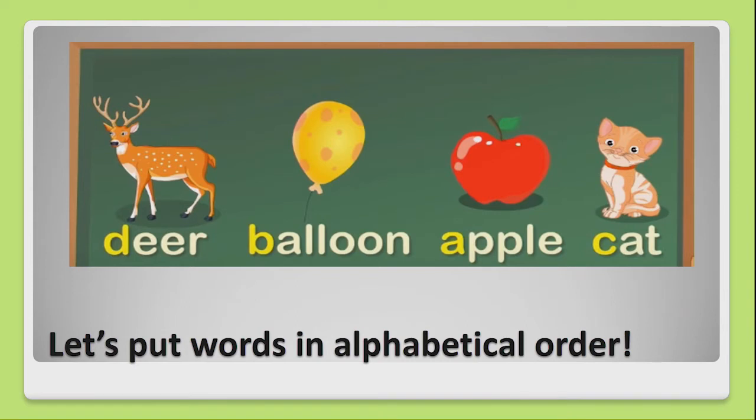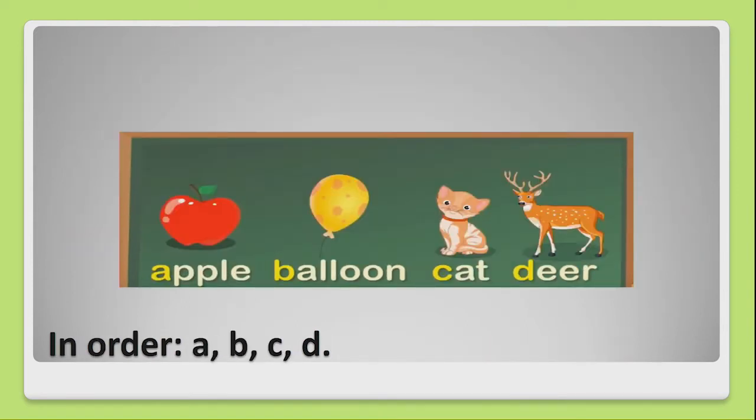Good. So we put the words in alphabetical order. It's apple, balloon, cat, deer. A, B, C, D. It's in order. You put the words in alphabetical order. Now let's repeat the word. Put in order.